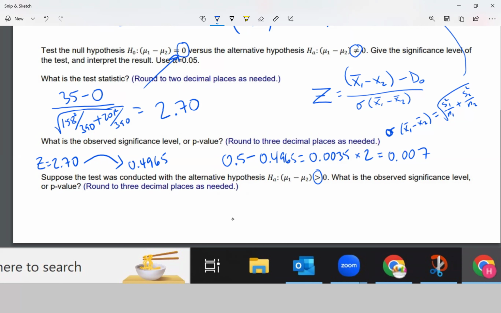Well, it is just 0.0035, not times 2. Remember on this previous one, I did multiply by 2 because I was comparing it to not equal to. When I'm comparing it to an inequality sign, I don't go times 2. But I see that my answer should be rounded to 3 decimal places. Okay, so I'm going to call this 0.004.